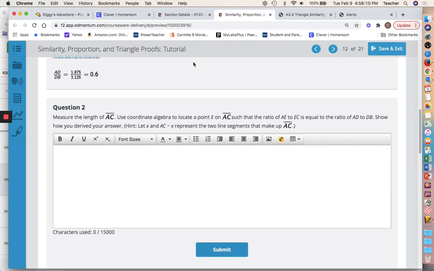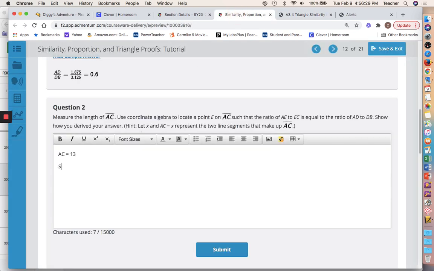Let X and AC minus X represent the two line segments that make up AC. Okay, I think I understand what they're saying. All right, so we said AC was 13, wasn't it? Yeah, AC is 13. Okay.